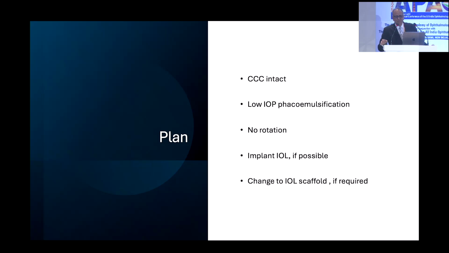Well, the plan for me at that point of time was that in this patient, the CCC was intact. So I thought I'll use low IOP to my advantage. I would not do any rotation because rotation should not be done in such a situation. Implant IOL if possible, or change to IOL scaffold if required, as has already been told.